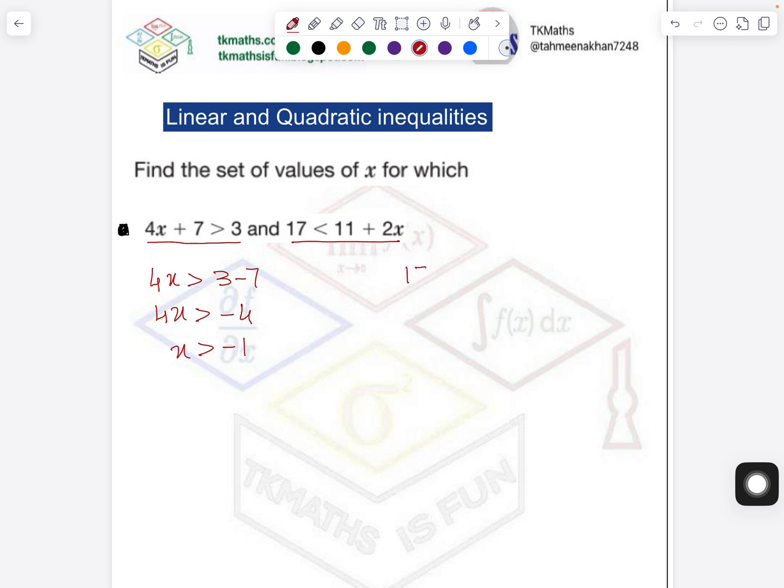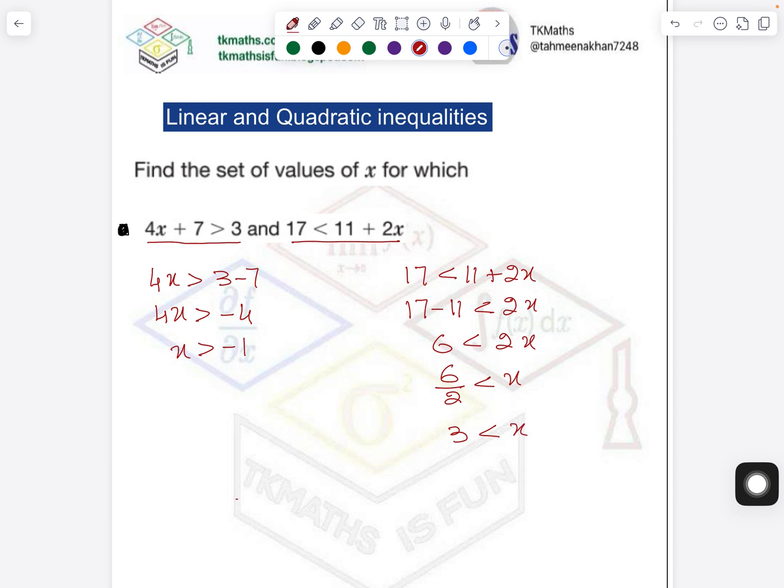Let's see the other one. So you will get here x is greater than 3.